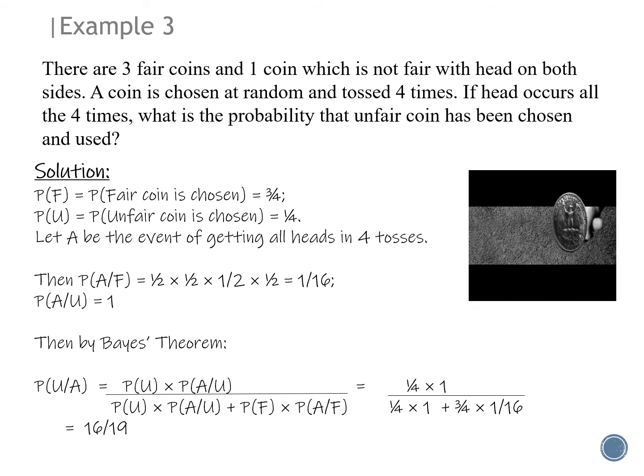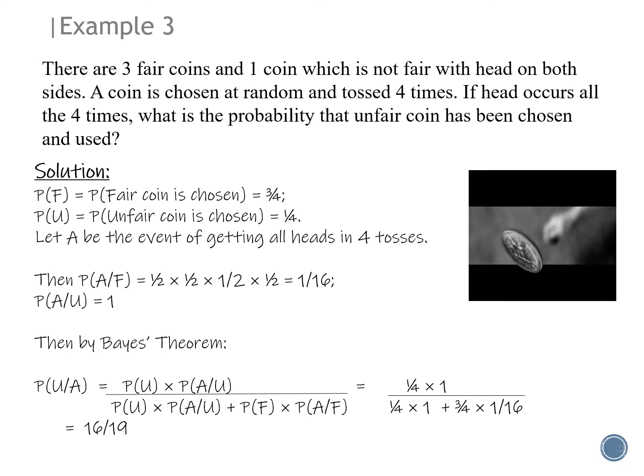Let A be the event of getting all heads in 4 tosses. Now we find probability of A given F. Note that in a fair coin, getting a head in 1 toss is 1 by 2. So, in 4 tosses, we get 1 by 2 into 1 by 2 into 1 by 2 into 1 by 2. That gives the answer as 1 by 16.